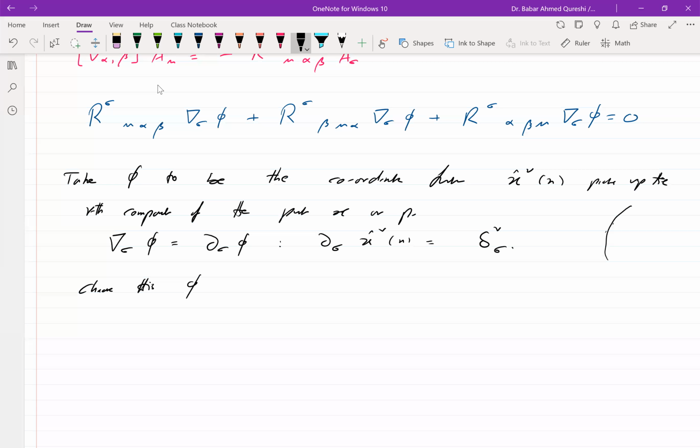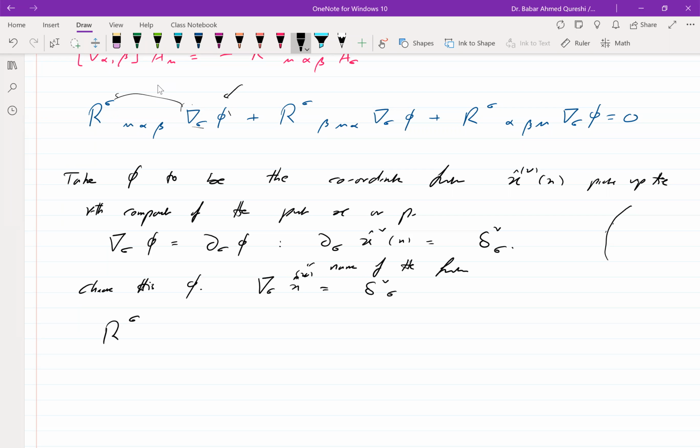So if I take this and plug it in, choose this phi. This nu is not a vector index, by the way. It's just a name of the function, the function which is the nuth coordinate function. So this is just going to give me d nu sigma in this equation, and I just replace this sigma over here.